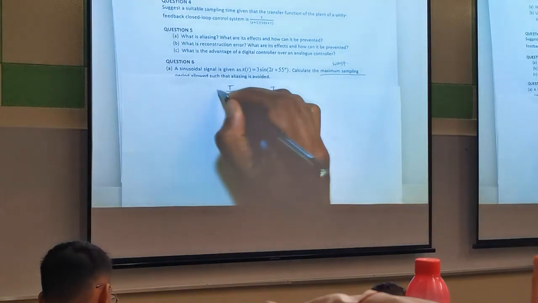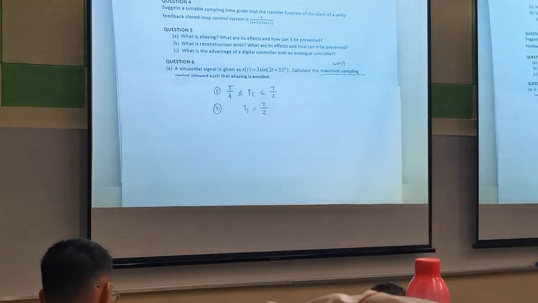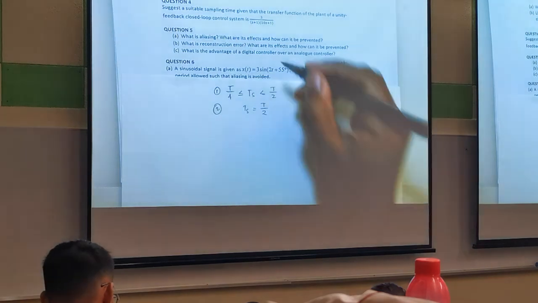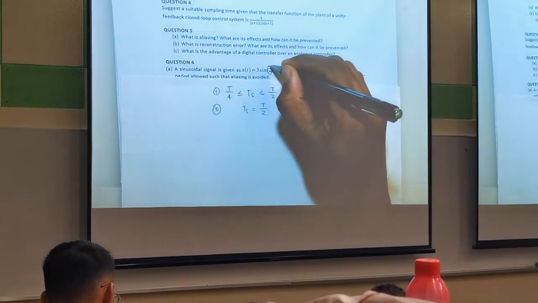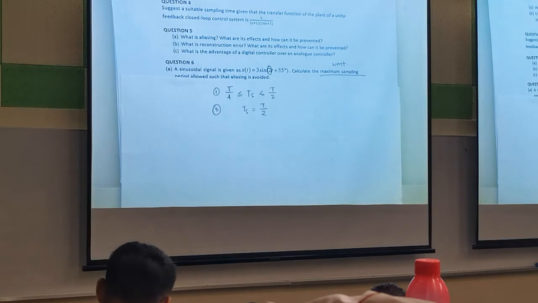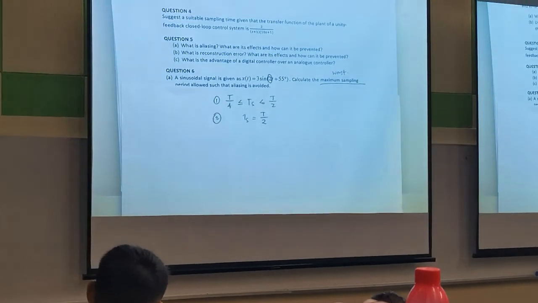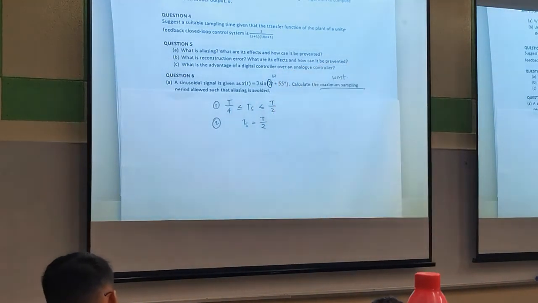So the first step is to identify the rule. The next step is to identify what the question is asking in that rule. It's asking for the worst, which is the right-hand side of your inequality range. Then, how to find the capital T? This number 2 is very important. This is omega, right?